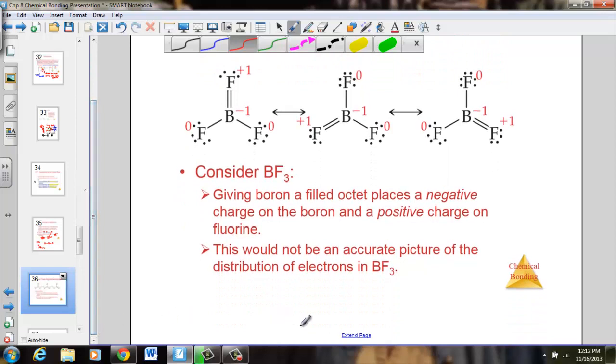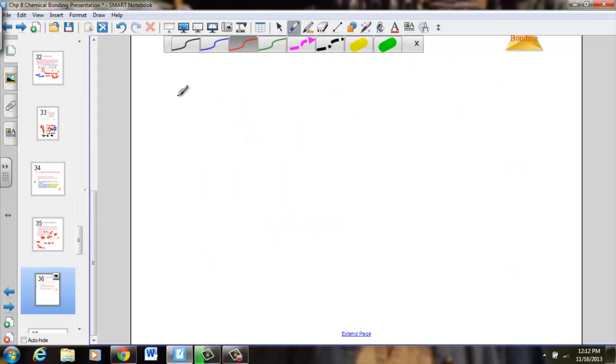Let's take a look at this and we'll draw it together. Let's just scroll up and start from scratch. BF3. Boron lives in group 3A. It has 3 valence electrons. Fluorine lives in group 7A, has 7 valence electrons. There's 3 of them. So we're going to come up with 24 total valence electrons in this molecule.